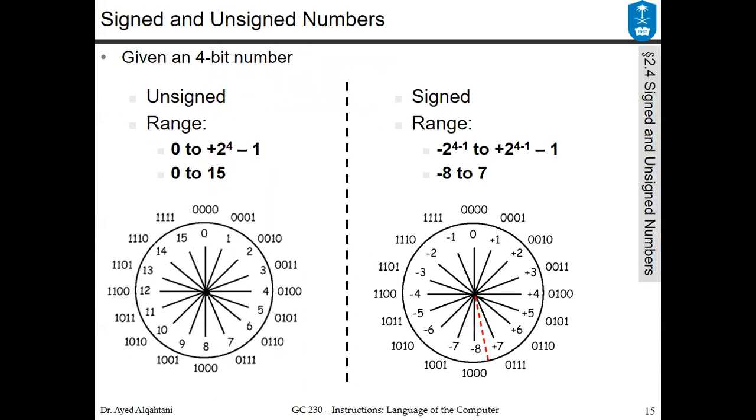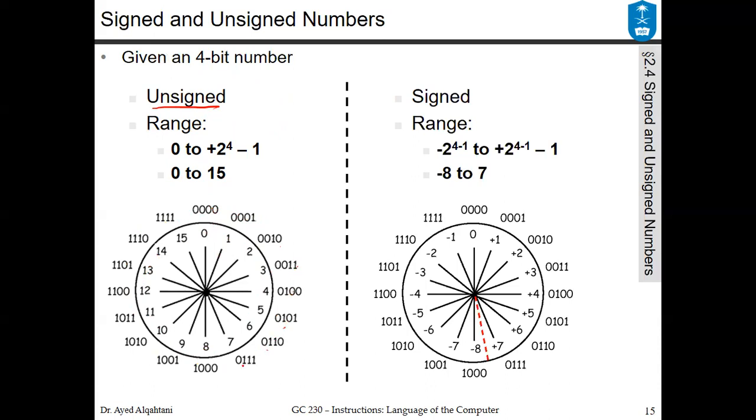Now, we have a quick discussion about signed and unsigned numbers. Given a 4-bit number, if we assume that it is unsigned, then the range is from 0 up to 2 to the power of 4 minus 1, which is from 0 to 15, indicated by this clock-like shape. 0 would be 0000, since we have 4 bits, followed by 1, 2, 3, 4.